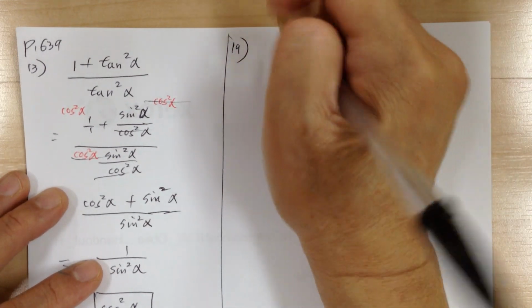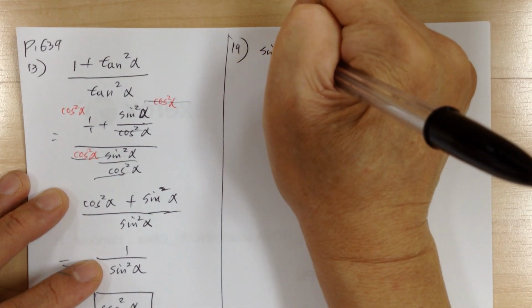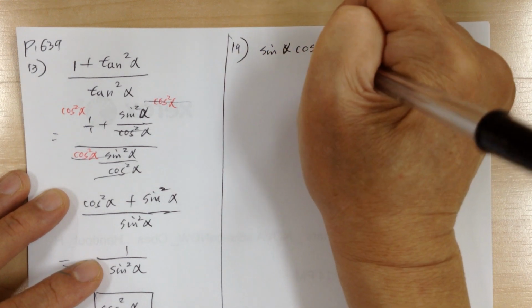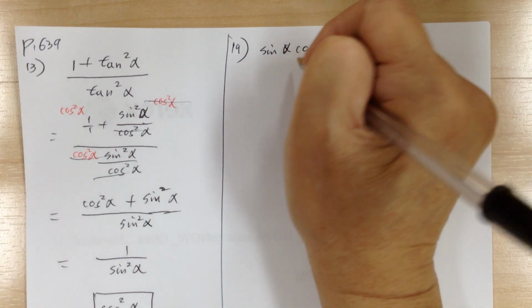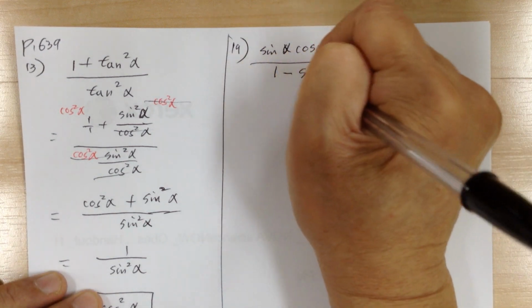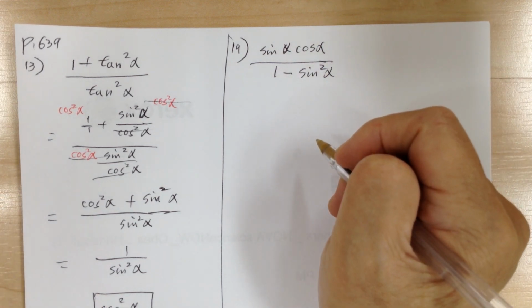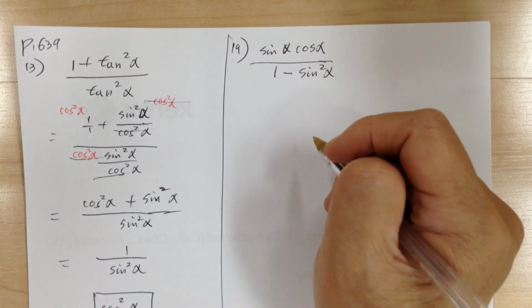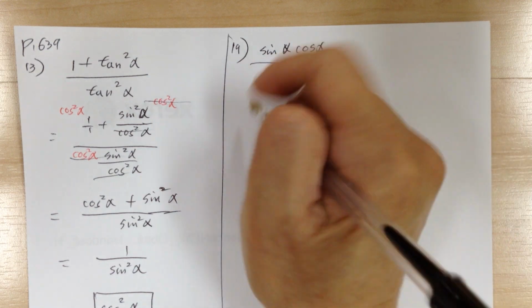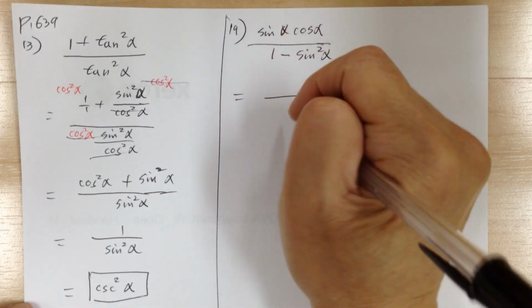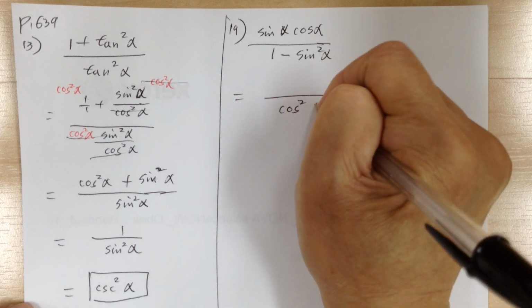Okay, number 19. Sine alpha cosine alpha over 1 minus sine square alpha. Well, let's go ahead and simplify this part over here. 1 minus sine square equal to cosine square.